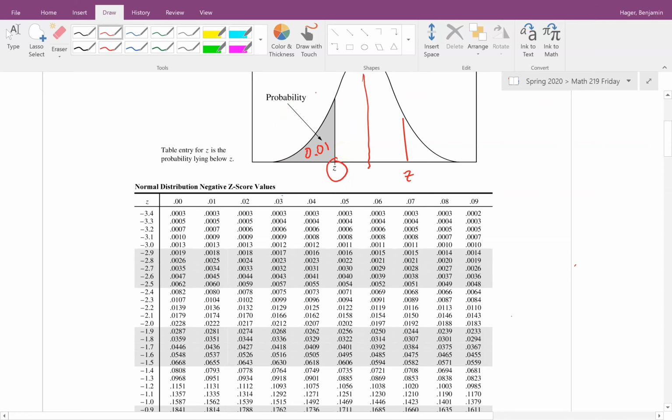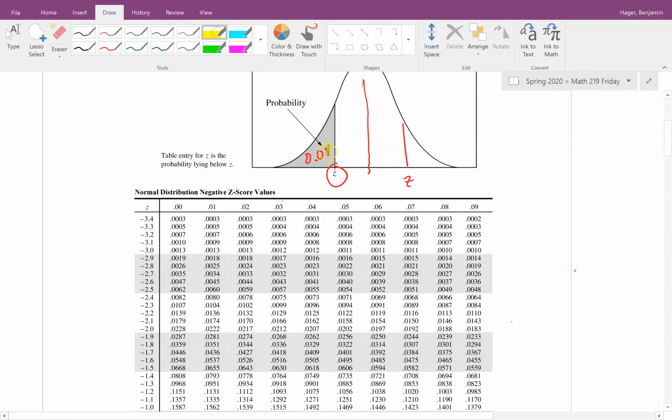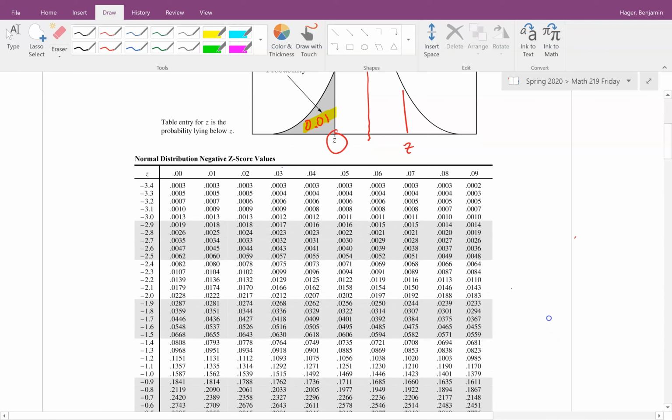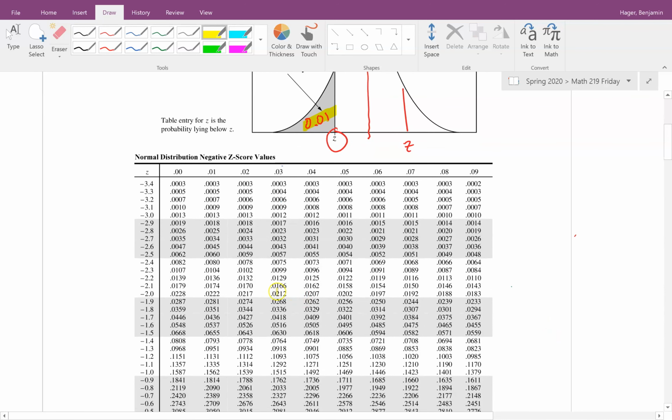Okay, so I just need to find where there is an area of 0.01. Let me look down here in the table. There's close. Probably right on. It's right in between there, isn't it? There's 0.01, 0.02, and there's 0.099. So it's right in between those where you'd expect to see 0.01, so I'm just going to go right in between those numbers.